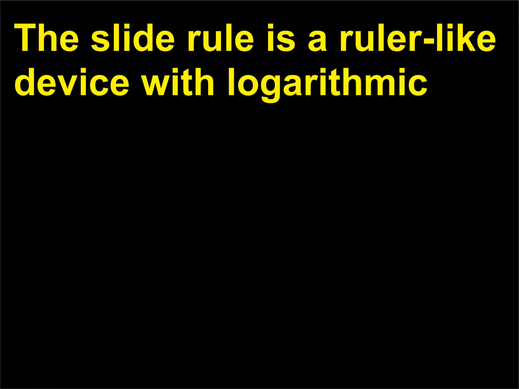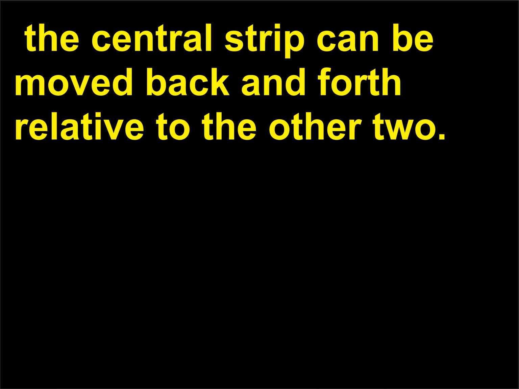It is portable, with the most common slide rules using 3 interlocking calibrated strips. The central strip can be moved back and forth relative to the other two. Calculations are performed by aligning marks on the central strip with marks on the fixed strips, then reading marks on the strips.